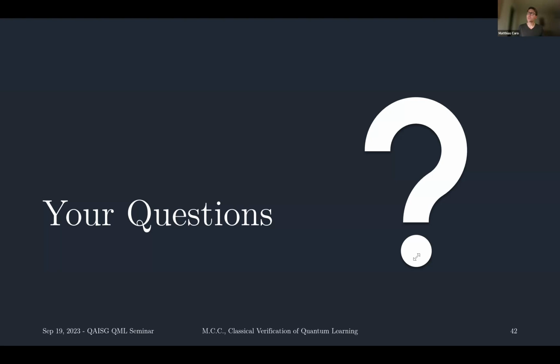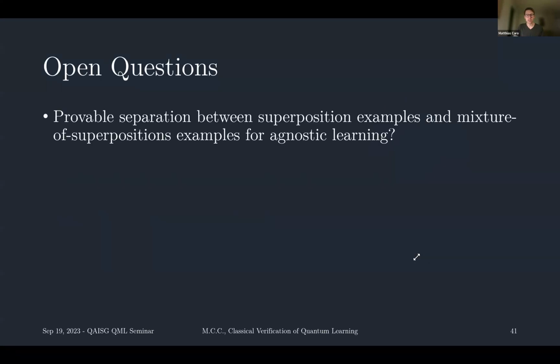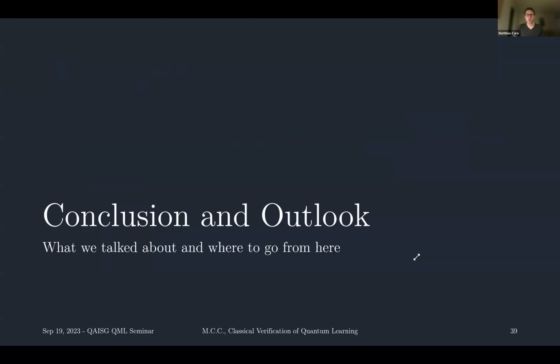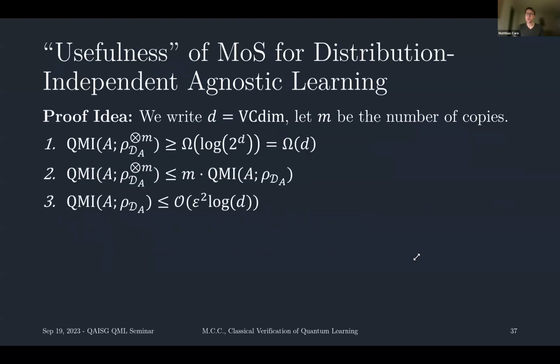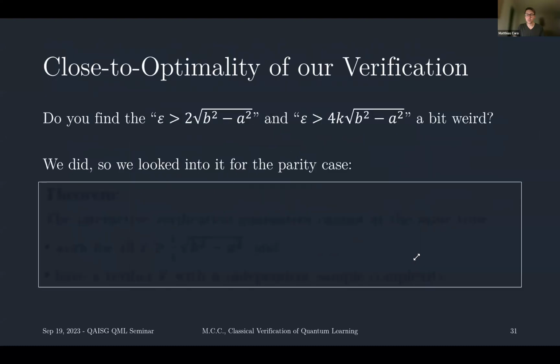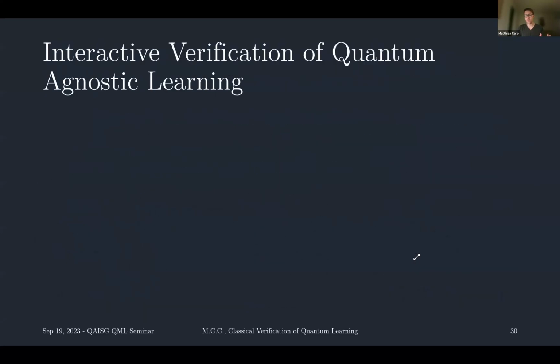For our protocol, we don't really assume anything about the prover. It's only that the protocol is asymmetric. If the prover does what they're supposed to do, then things go well and we get a good output. If the prover doesn't do what it's supposed to do, then we're just not going to get anything useful.